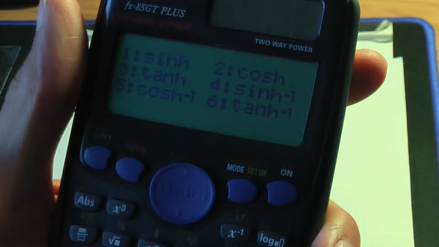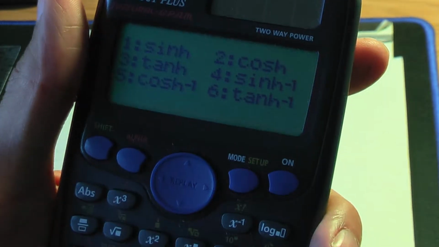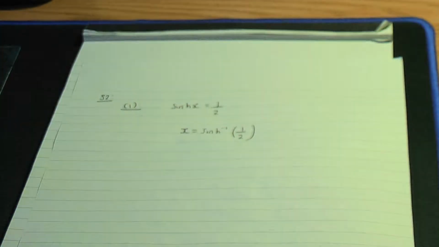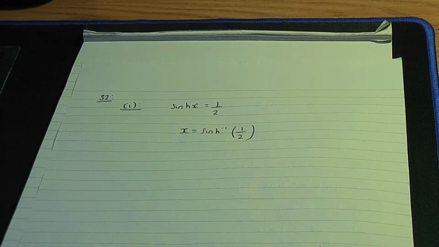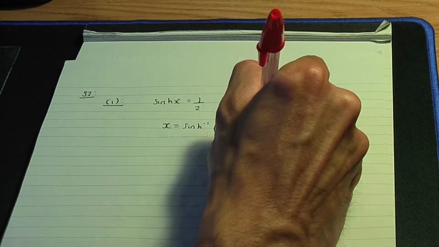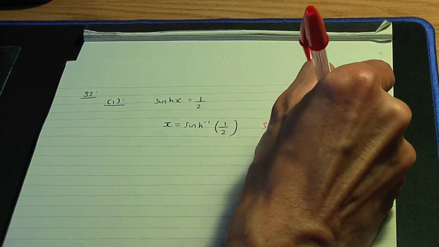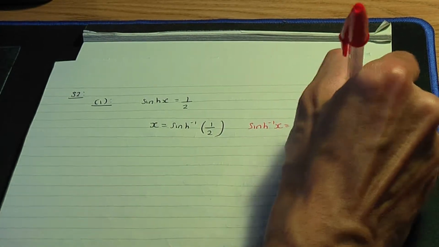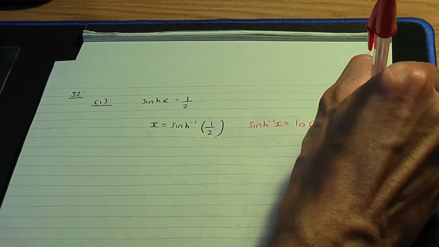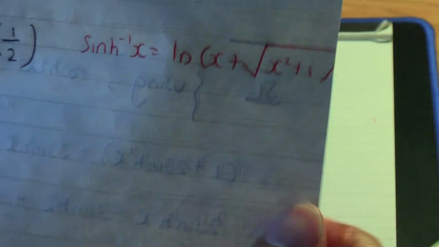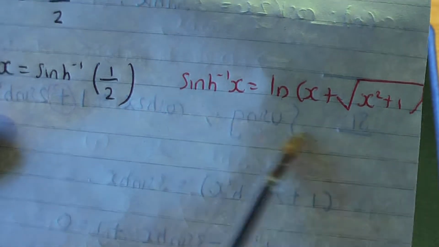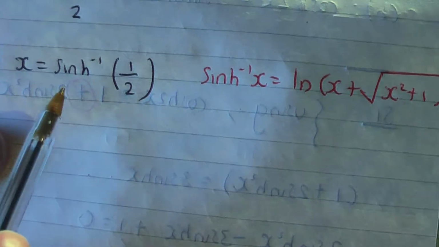If you press HYP, it should give you a list of hyperbolic functions, or you can use the definition that I explained in one of my previous videos. So remember, the definition of the inverse hyperbolic sine of x is ln of x plus the root of x squared plus 1. I've proved that in a previous video, so I'm going to use that definition to calculate the inverse hyperbolic sine of half.